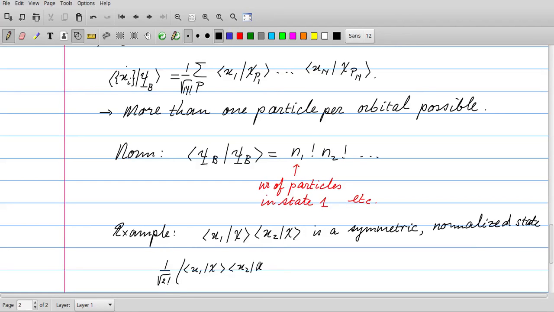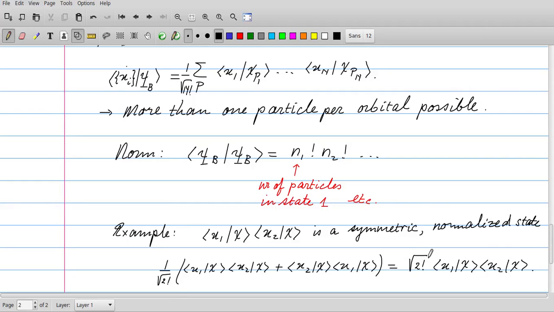But we should have another term in which 1 and 2 are permuted, because we sum over all the permutations. x2 in chi, x1 in chi, and we see that both terms are the same, so we have a square root of 2 factorial and then x1 in chi, x2 in chi.